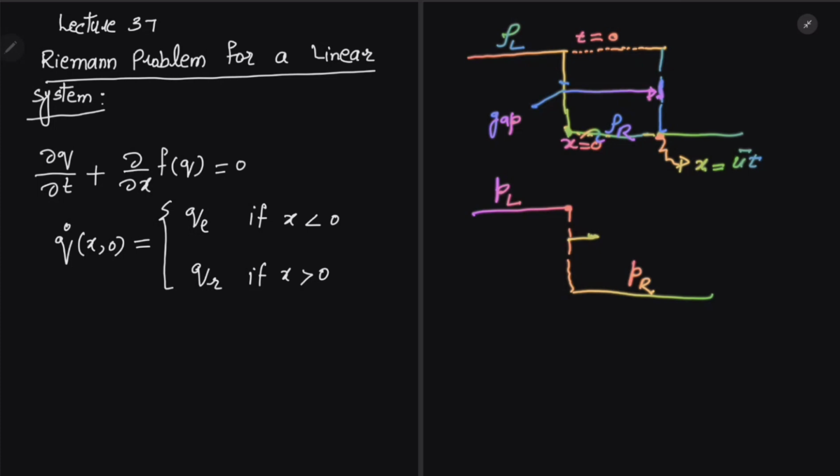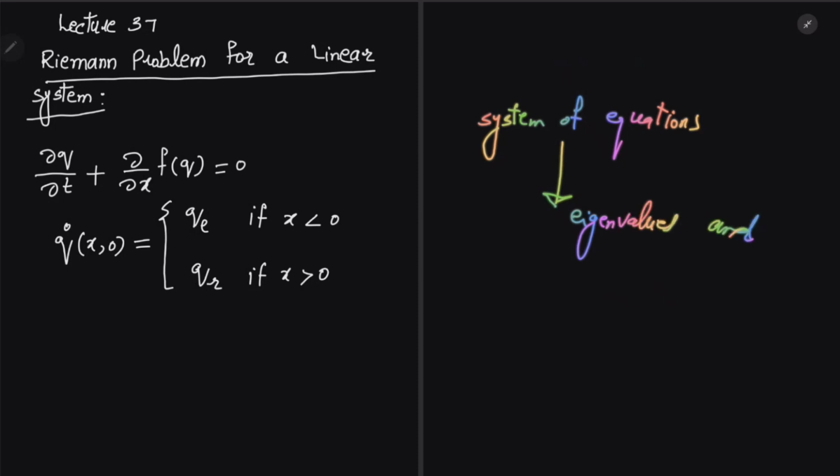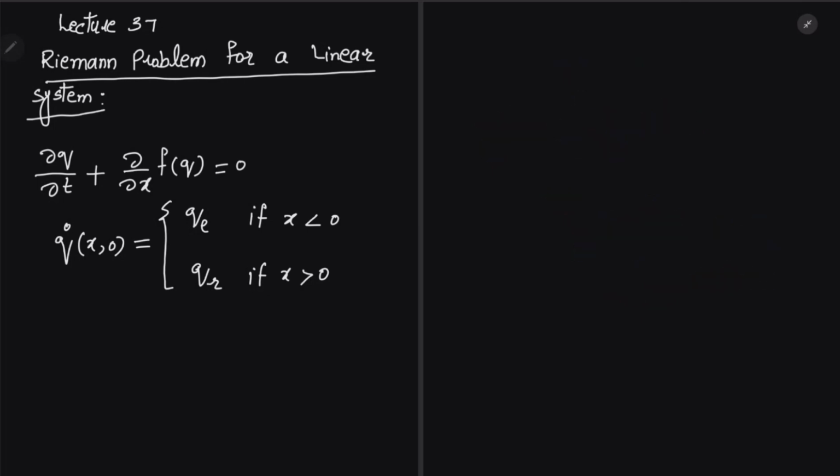It depends on what u bar is, or whatever the lambda is, if there are eigenvalues or eigenvectors. When we have a system of equations, remember, we need to discuss eigenvalues and eigenvectors.